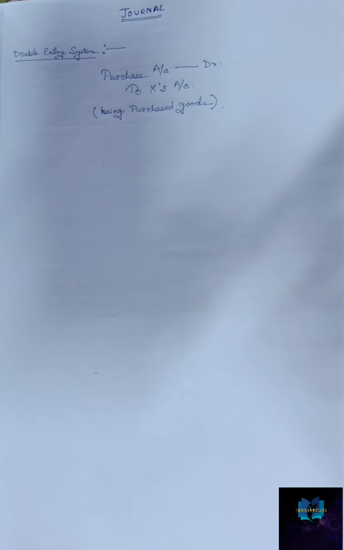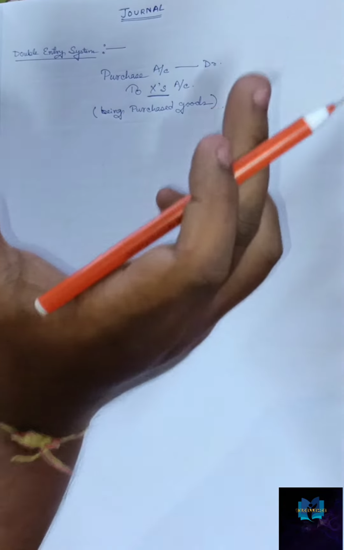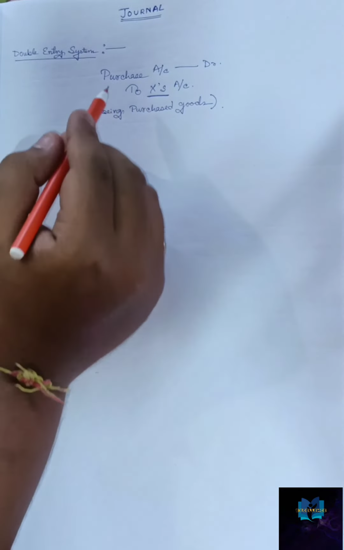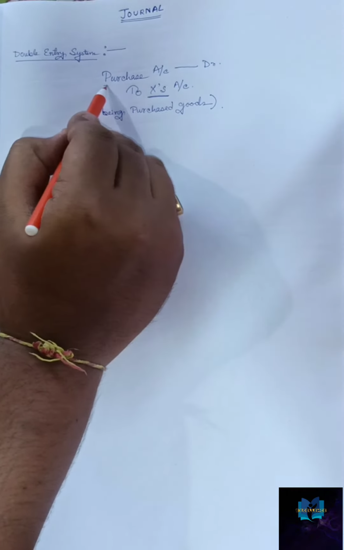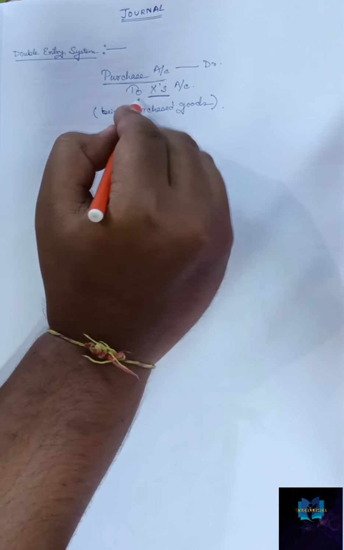Over here X is a person who is purchasing some kind of goods. So in this journal entry, in the books of journal, we should write purchase account debit and excess account credit, because when we are purchasing any goods, the goods are coming in, that means it is coming in the form of an asset in our company.